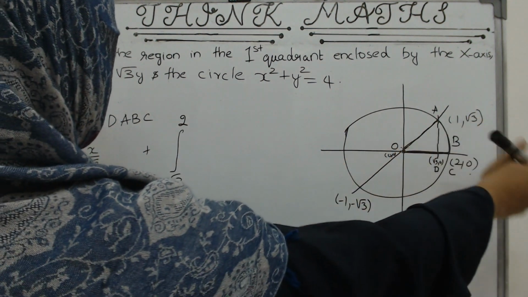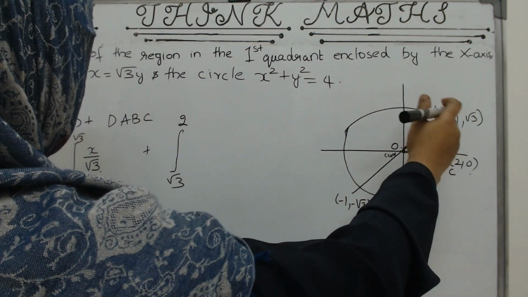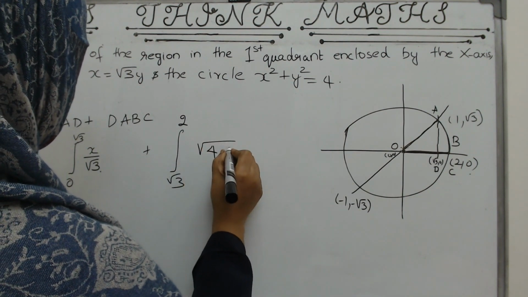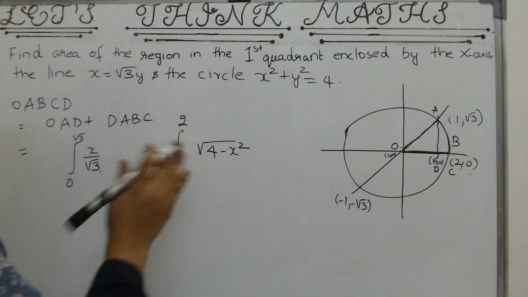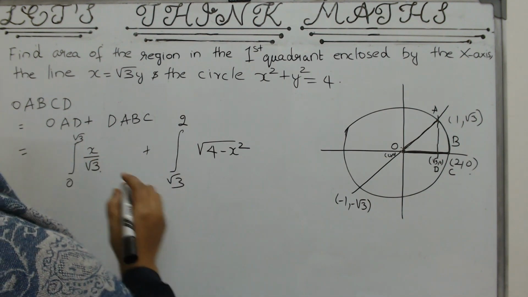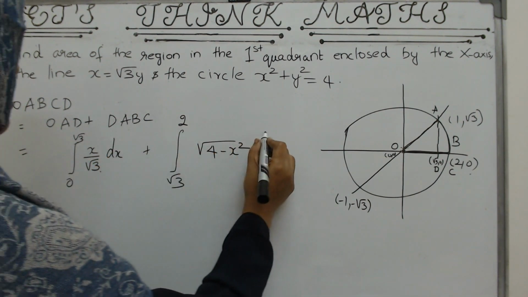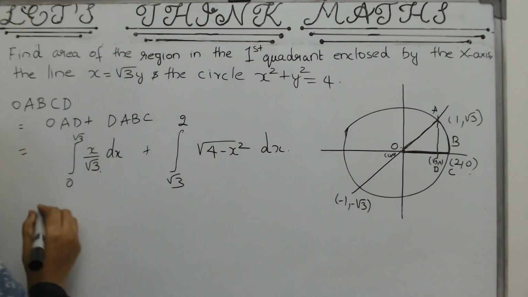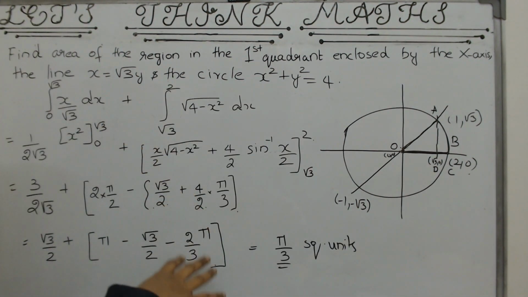But from root 3 to 2, what will give you your y? The circle will give you your y. And remember what I told you, there is a plus and a minus, but we are considering only the plus because we are dealing with the first quadrant. So there you have, add these two, you will get your answer. So this is what we get on integrating, and your answer is pi by 3 square units.